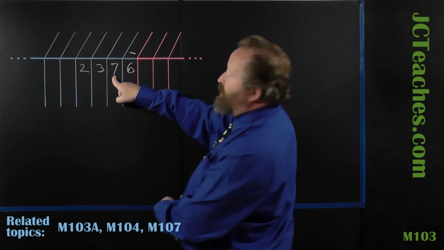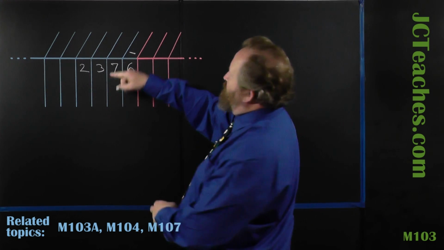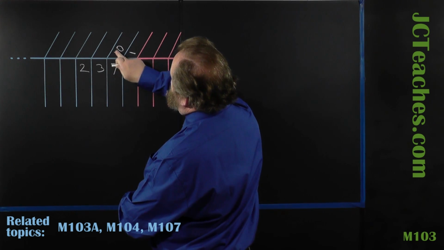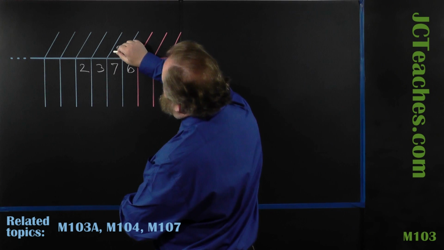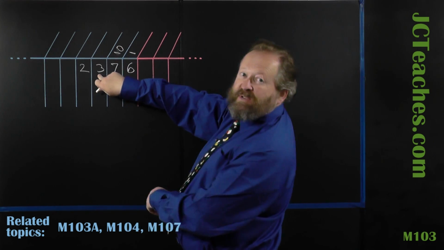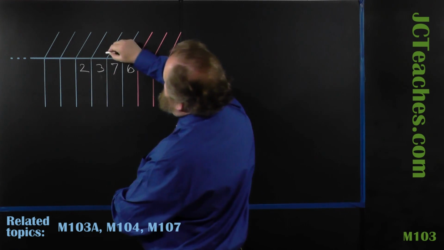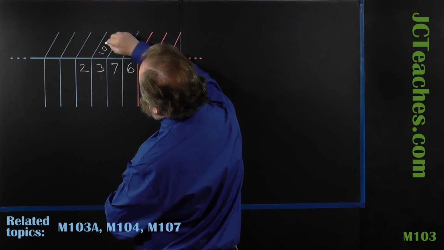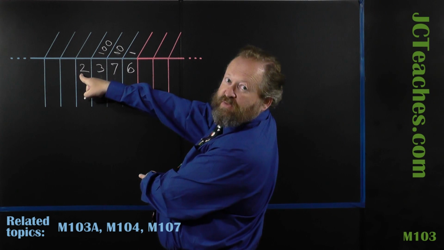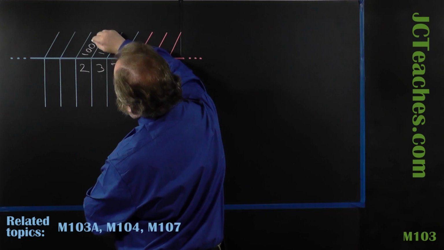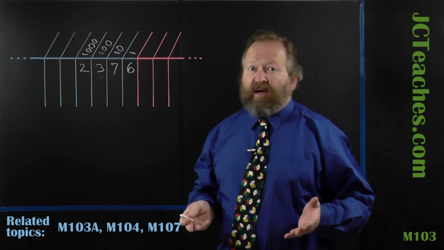This one is tens. So that is 7 tens. This one, the next one along, we're now up to hundreds. So that's 376. So that is hundreds. The next one is thousands. I'm sure we all know that.